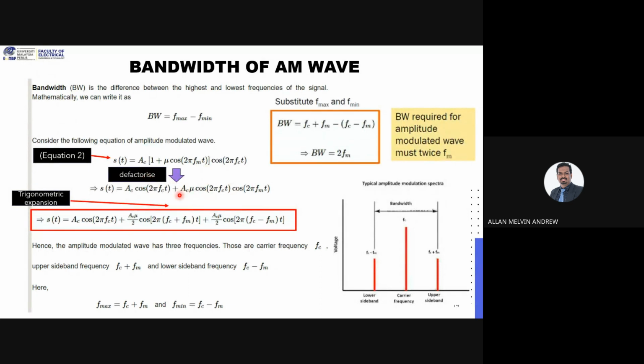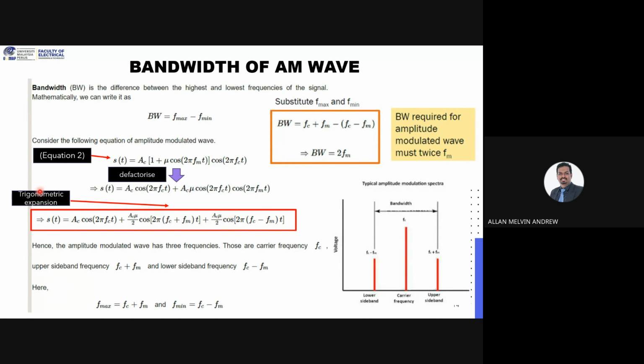Then, since this is combined, AC mu cos 2 pi fct cos 2 pi fmt, you expand it using a trigonometric expansion, so you'll get this kind of equation. Don't worry, in the exam you don't need to derive all this, this is just for your information.